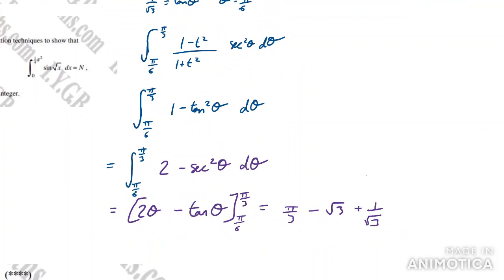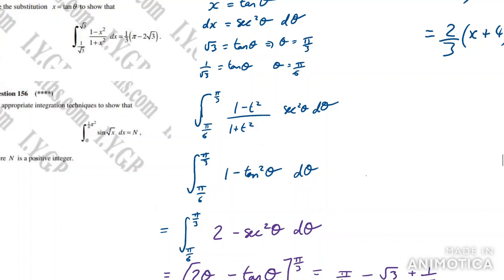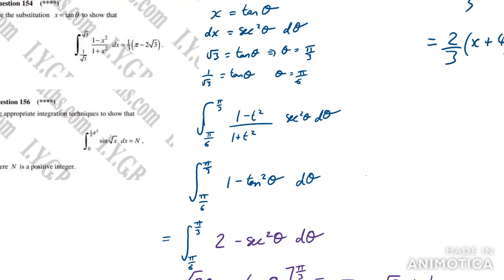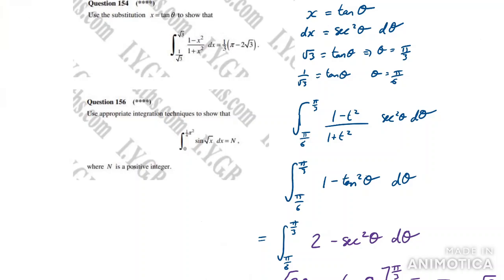Right, so just tidying it up a bit, this is equal to pi by 3 minus root 3 plus root 3 over 3, which in other words is 1 over 3 brackets pi minus 2 root 3. And that is the answer. So as you can see, substitution, very algorithmic, not too difficult.